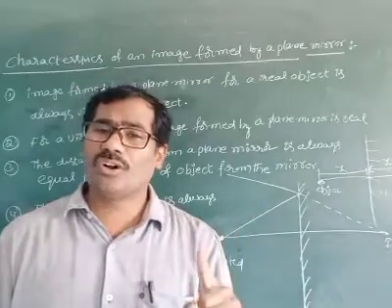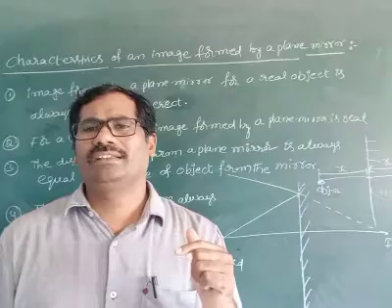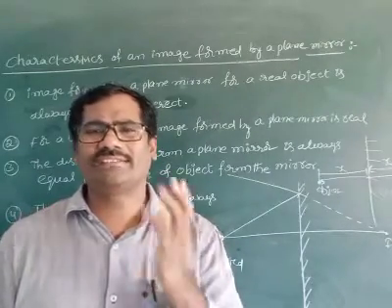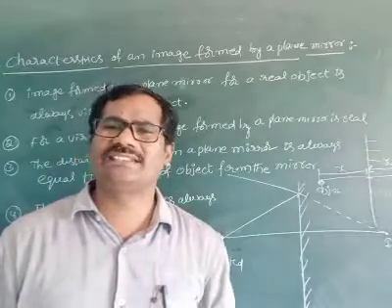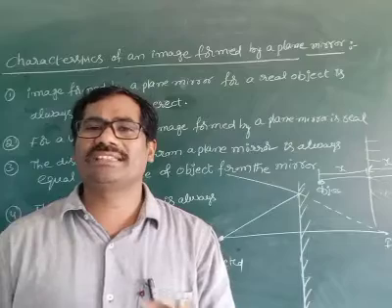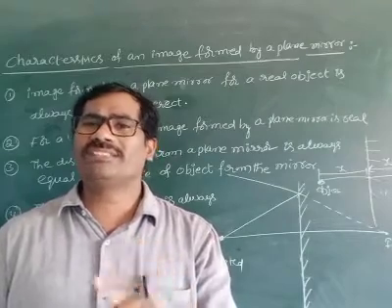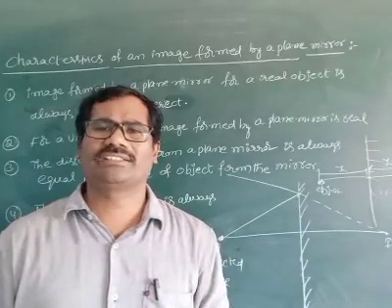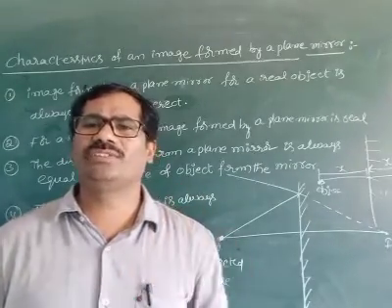What is the ratio of the size of the image to the size of the object? That is equal to 1. That means the size of the image divided by the size of the real object, the ratio is equal to 1.